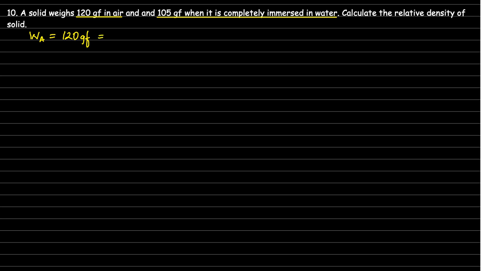So 120 divided by 100 gives me 1.2 newtons, and weight in water is 105 gram force. So again we convert it to newtons, 105 divided by 100, so that gives us 1.05 newtons. So this is weight in water.